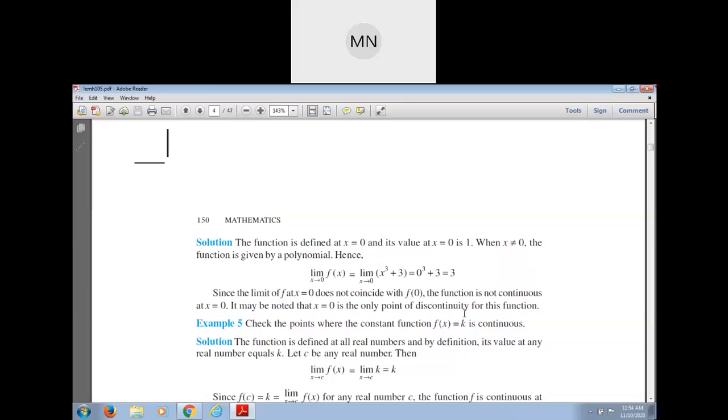When we see the graph, then you can easily understand that these functions are continuous. Next, number 3, write polynomial function is continuous everywhere.